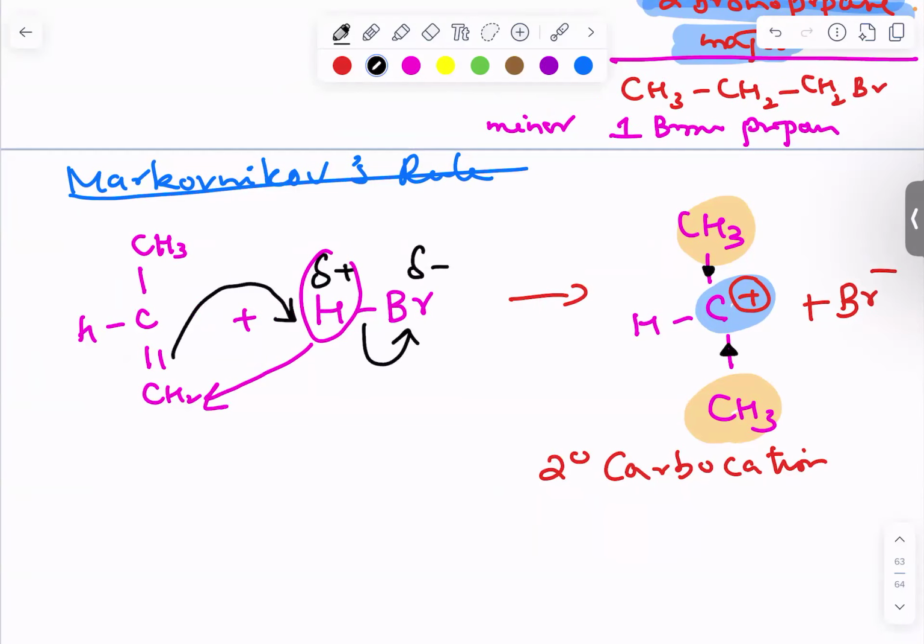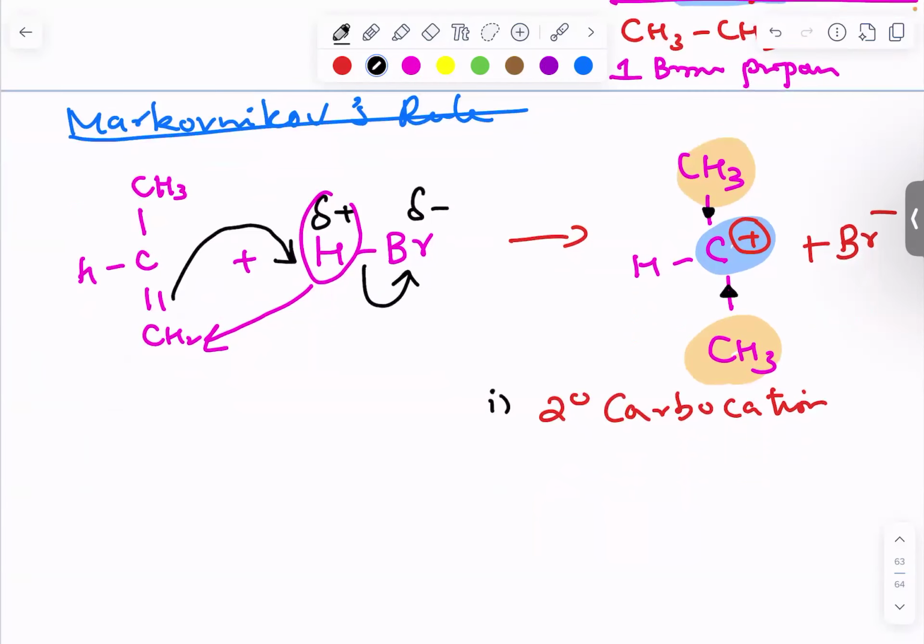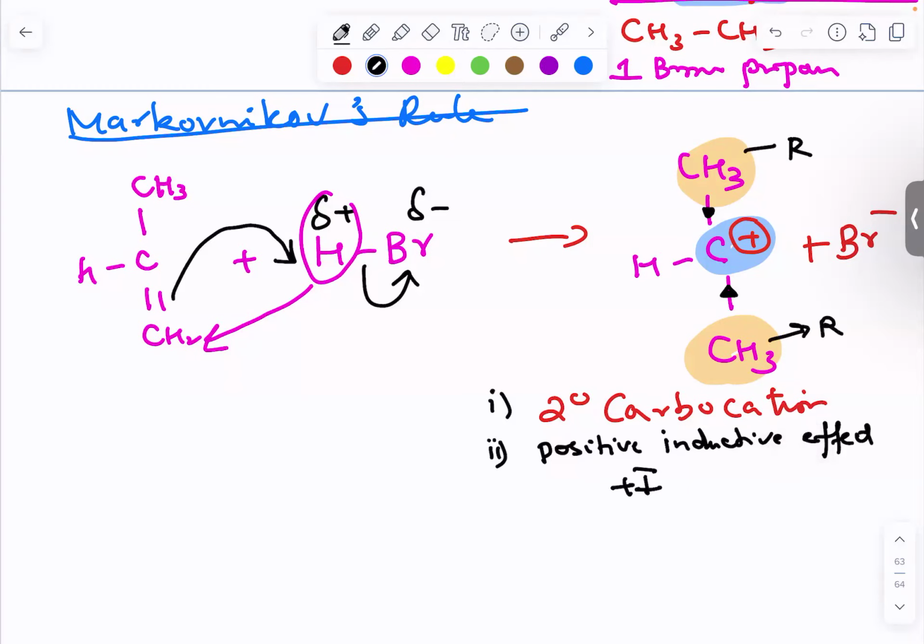First of all, you will write that a secondary carbocation is formed, and secondary carbocation means that there would be a positive inductive effect, written as plus I effect, from both the R groups. This is an R group, beta, and this is also an R group. So that is why the secondary carbocation is more stable than the primary carbocation.